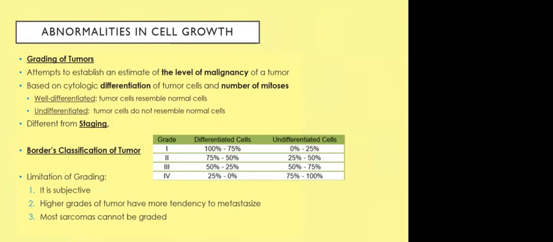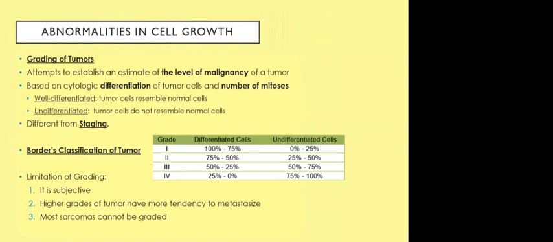While for grading, we are looking at the resemblance or appearance of the tumor cells. To classify this grading, we are using Broders' classification of tumor. We have grades 1, 2, 3, and 4 with the following percentages of differentiated and undifferentiated cells.